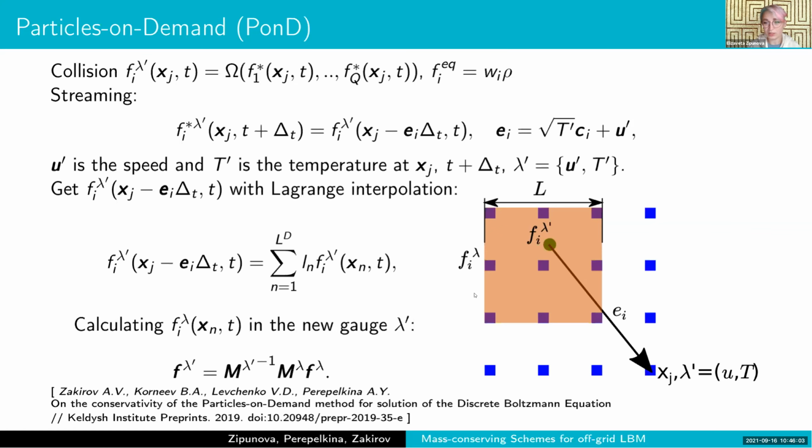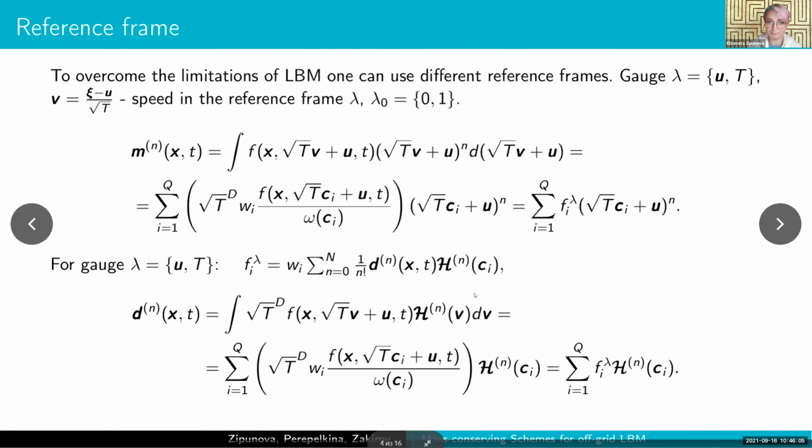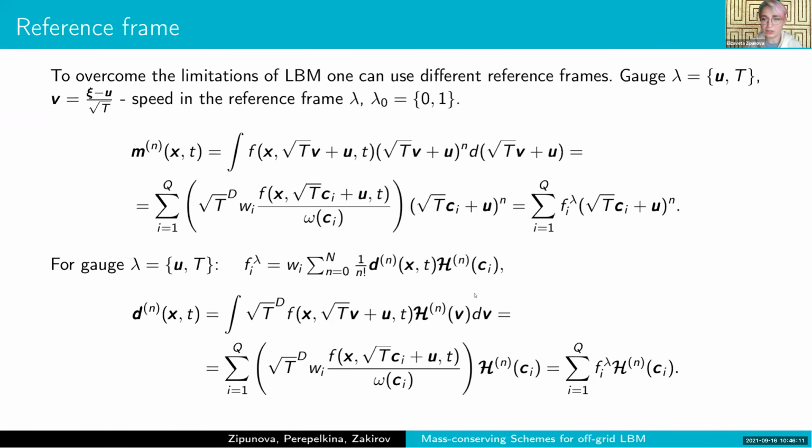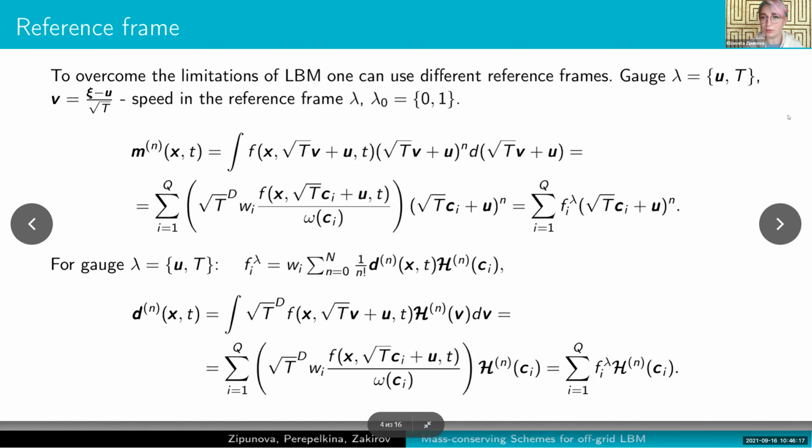So last year, we developed the RegPoD method. For the RegPoD method, I want to look closely at gauges. A gauge is a couple of values, temperature and velocity. The standard gauge is 0 and 1.